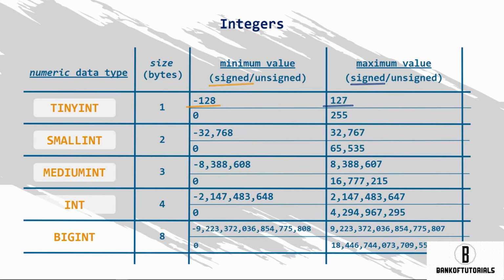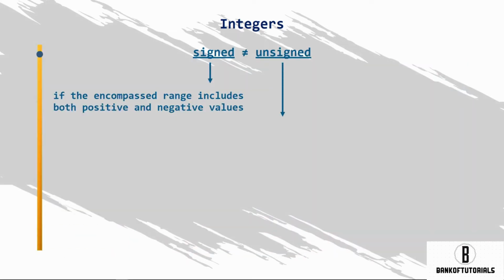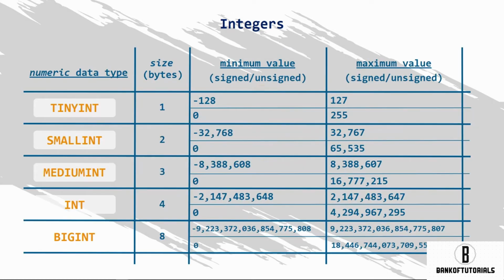If we allow integers to be only positive, logically, we will need no sign in the representation of the range of 256 values, hence the label unsigned. For tinyInt, this regards storing values from 0 to 255, both included.